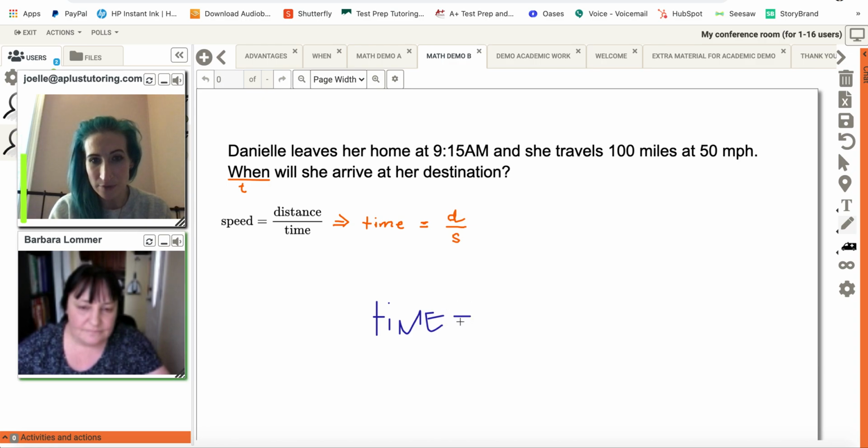So then we're looking at the time. Time is equal to the distance, which is 100 miles, over the speed, which is 50 miles per hour.